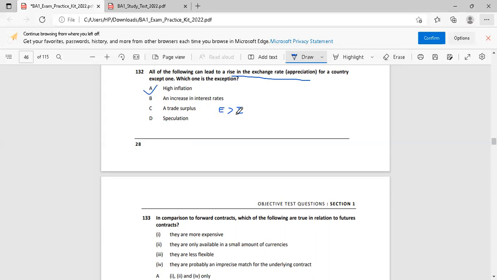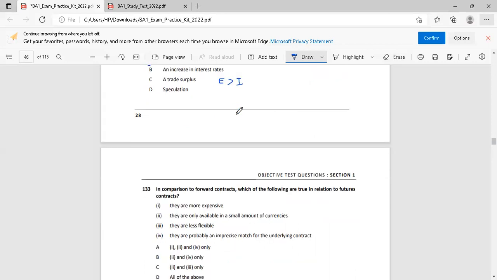So when they are on the receiving end, then we see that there is a surplus. At that time, if the price rises, it is beneficial for them. So the trade surplus is an indication that there is a demand or rise in the price of the currency. Then speculation also can result in it, but not so with inflation.